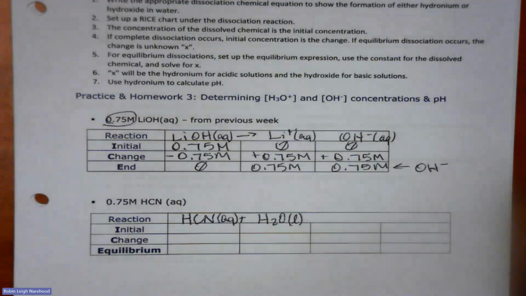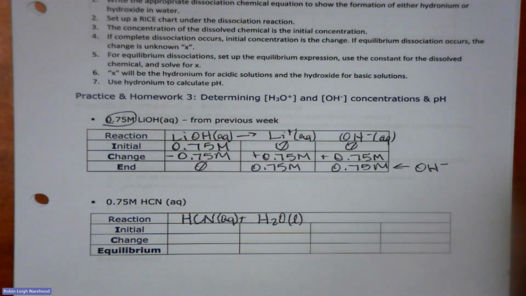Is it a strong acid? No, it's not. Is it a weak acid or is it a weak base? It's a weak acid. How would we know it's a weak acid? It has nitrogen, and I had said earlier that not everything that has nitrogen is a base. How would we know that this is a weak acid? The hydrogen's out front.